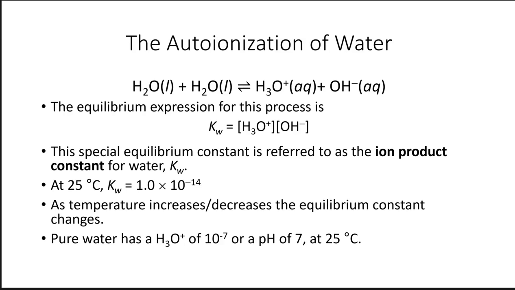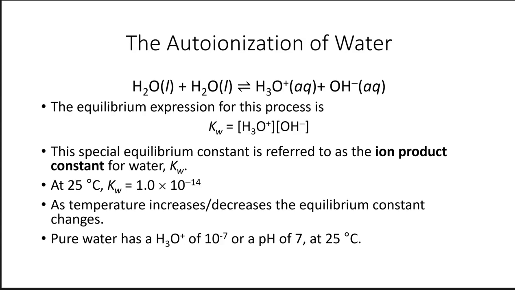So how do we relate pH? Well, pH is great for an acidic scale, but sometimes we're dealing with bases and it's easier to talk about hydroxide concentrations. Well, we can relate hydroxide to hydronium ion concentrations through this Kw expression.